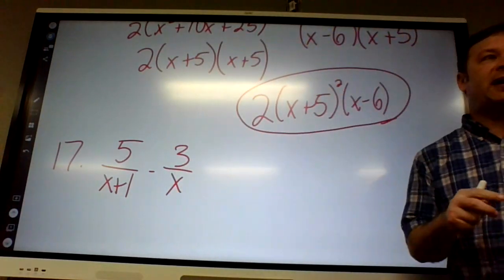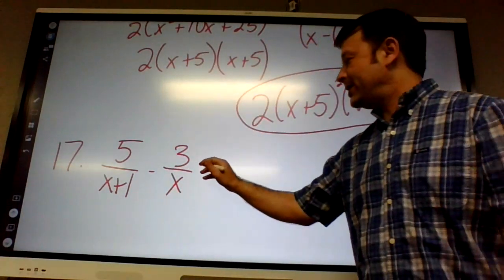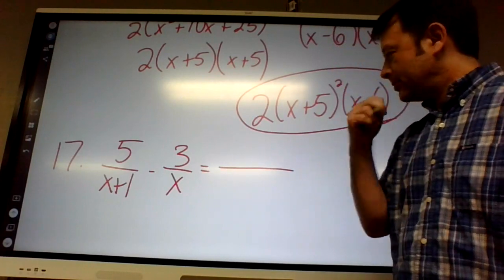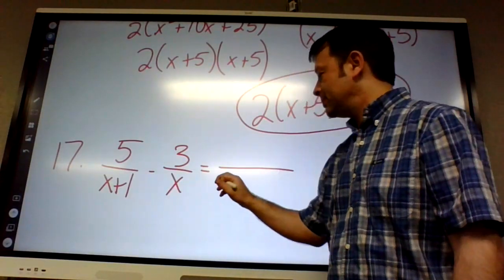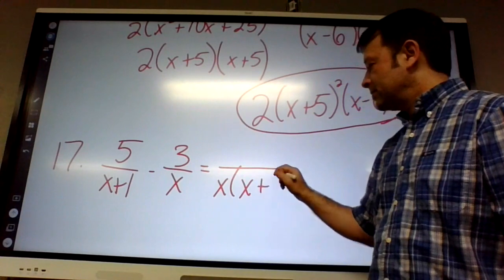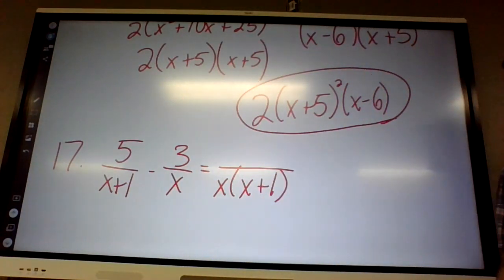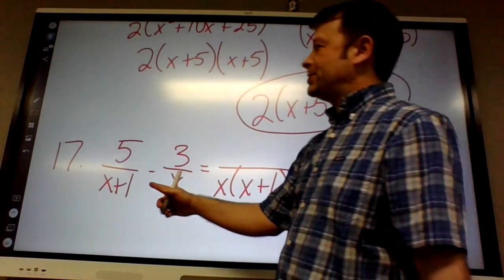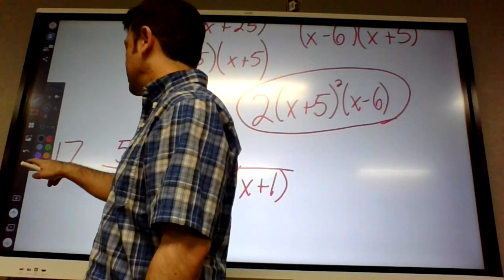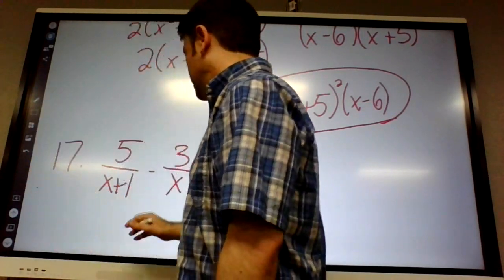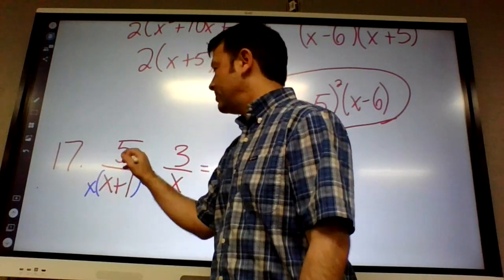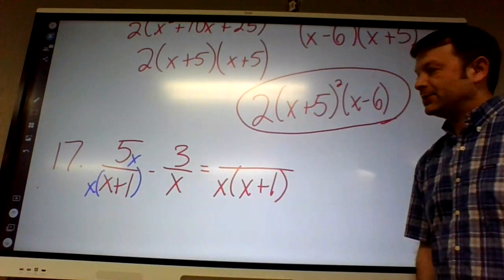So 17, when we're adding and subtracting fractions, we need a common denominator. What do these two go into? Yeah, you need one of each. Okay, what is the left denominator missing? X. So if you multiply the bottom by x, the top gets an x as well.